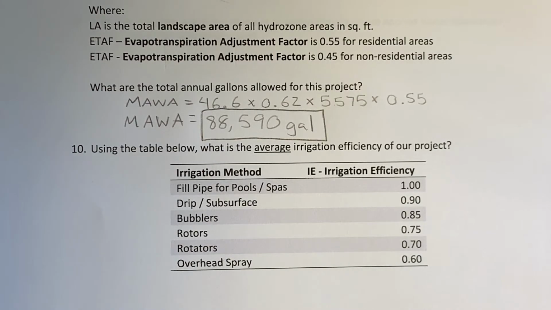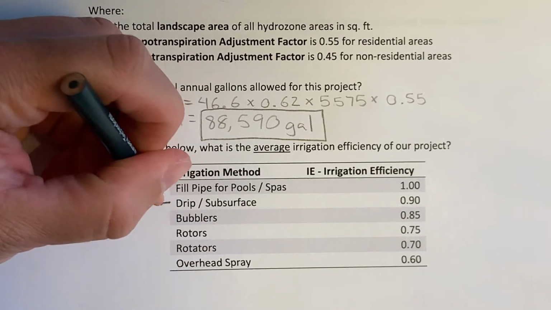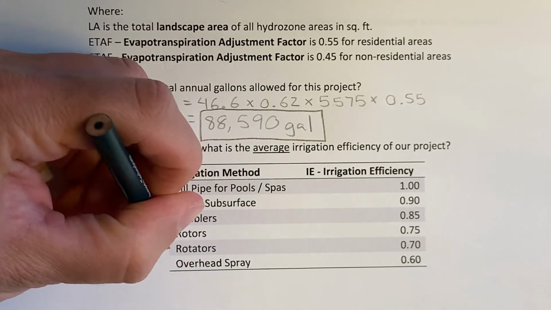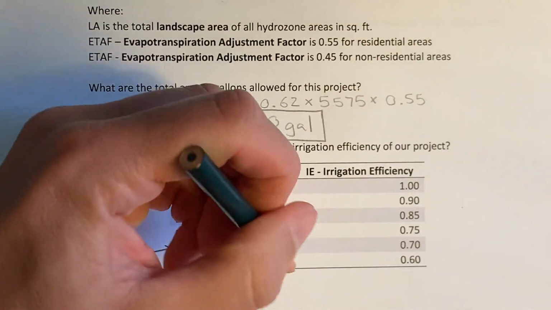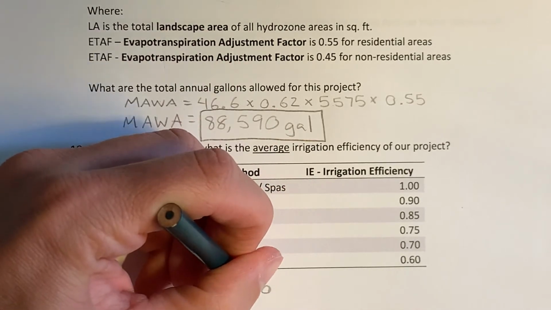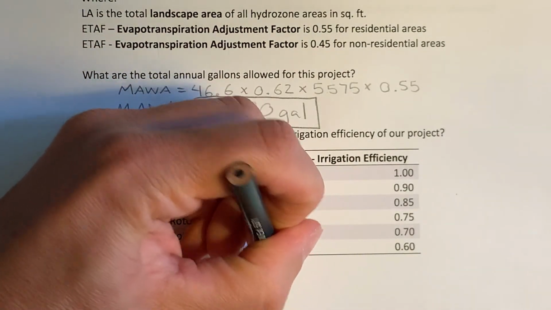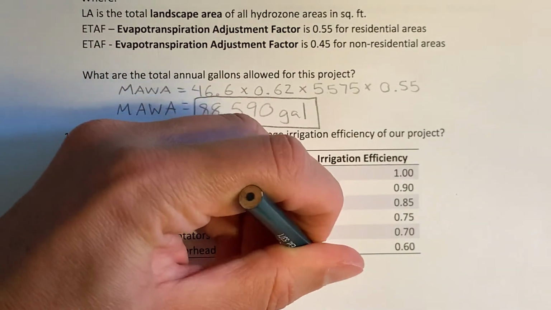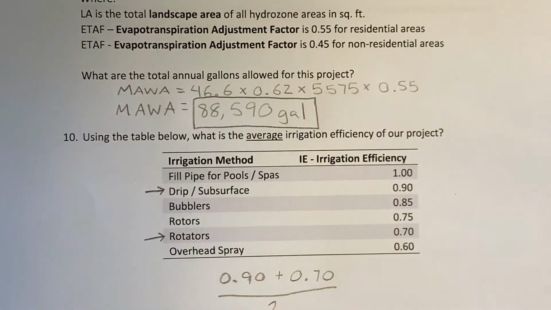Using the table below, what is the average irrigation efficiency of our project? We are using an even mix of drip and rotators at 0.9 plus 0.7, average, divided by 2.